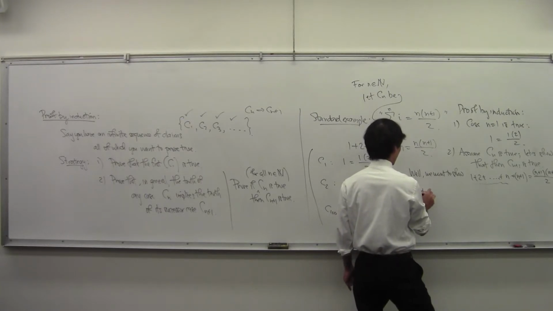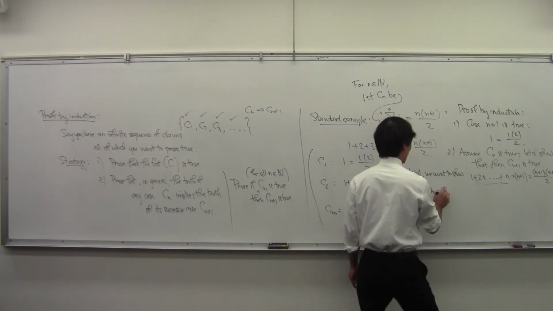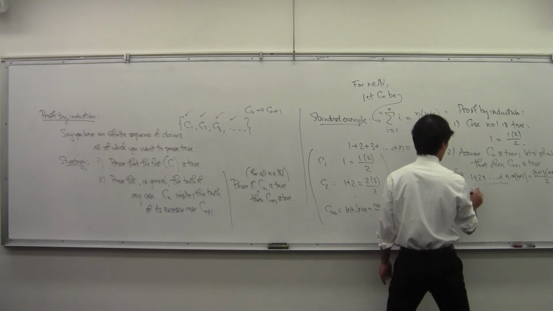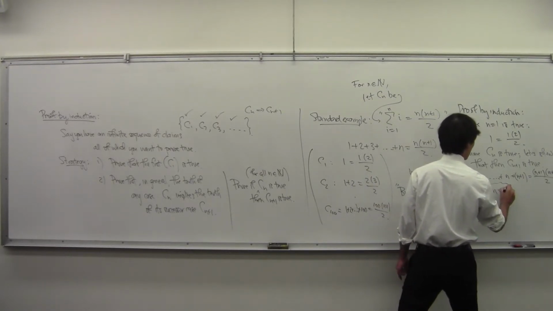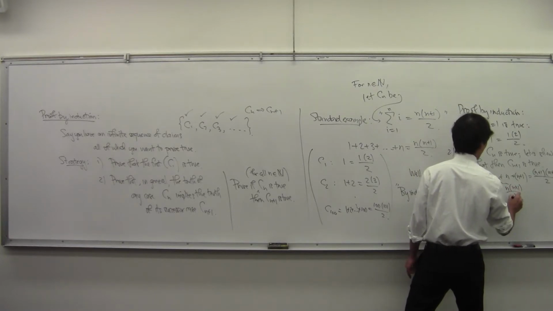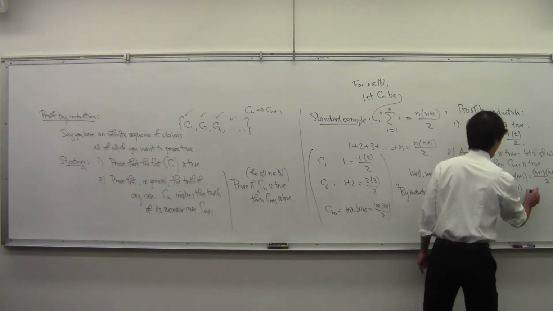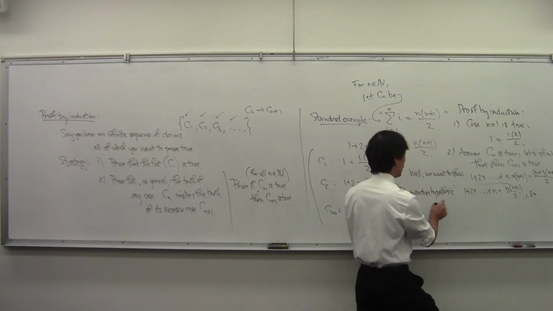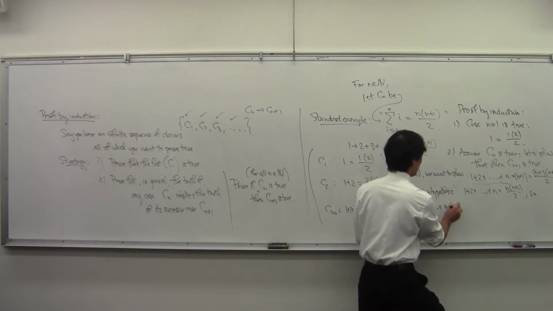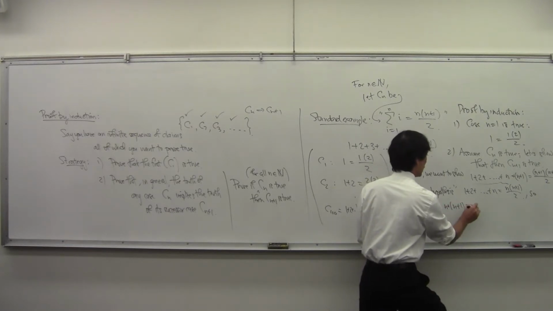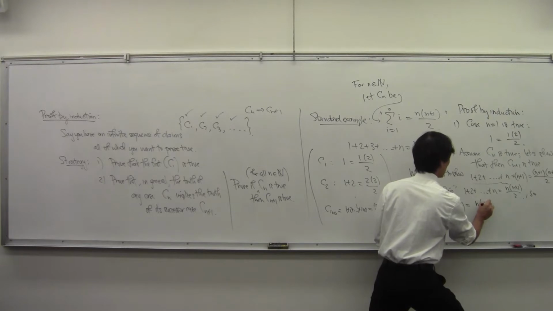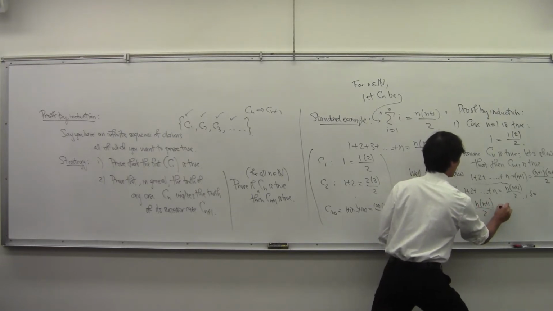By inductive hypothesis, that's sort of the formal language. By inductive hypothesis, we know that 1 plus 2 plus up to n is n times n plus 1 over 2. So we get that 1 plus 2 plus up to n plus 1 must equal n times n plus 1 over 2 plus n plus 1.